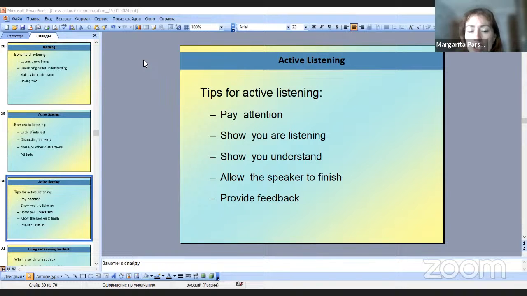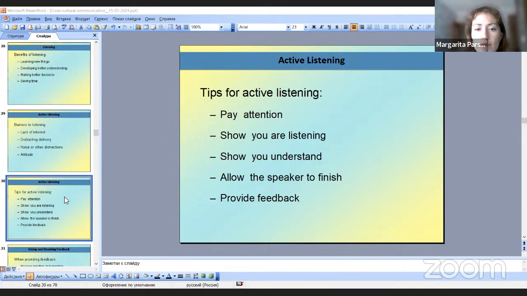So when somebody has his point of view, some opinion on the matter he is speaking about, allow him to finish his speech. Providing feedback, as we already spoke about, is a good moment to resolve some difficulties and misunderstandings in the communication process.